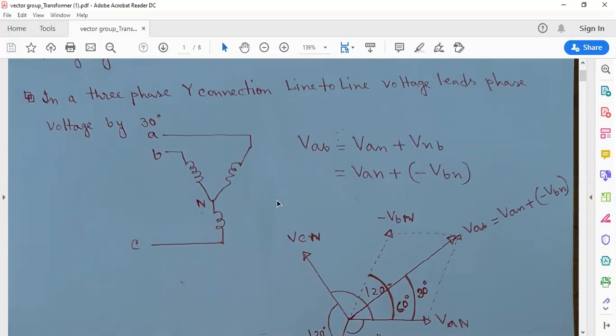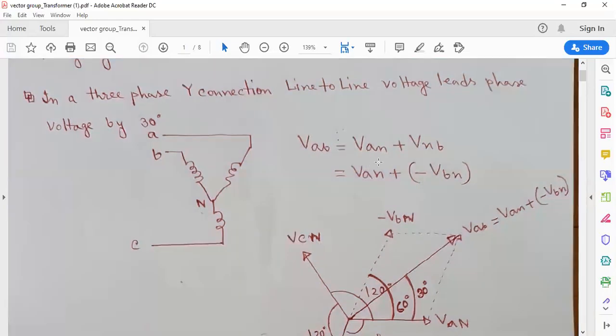So VAB equals VAN plus minus VBN. If we add these two vectors, we get the line-to-line voltage VAB. These two phase voltages will sum up to the line voltage.